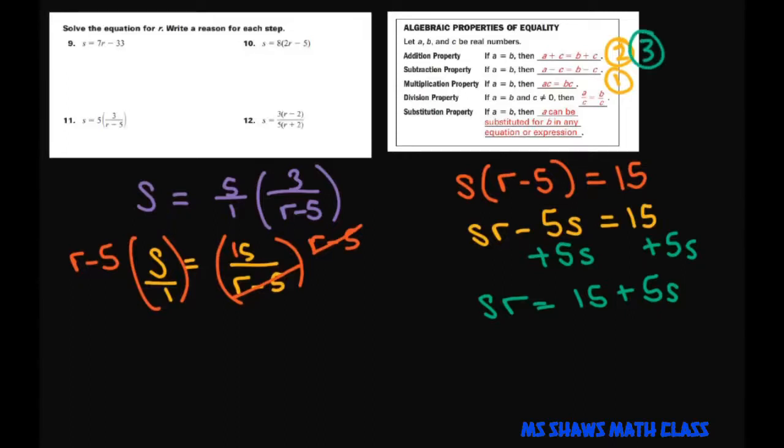Then you divide both sides by S. And when you do that, you get R equals 15 plus 5S divided by S. And that's called your division property. And that was step 4.